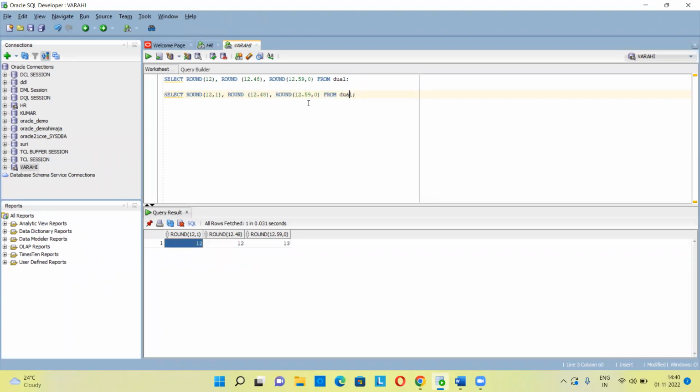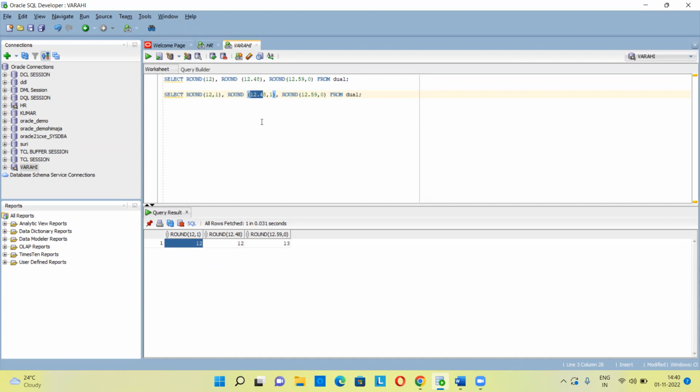Now, the second example for 12.48, I am passing the same 1 again. Okay. So what will be the output for this? I need 1 decimal in my output. So it means till 12.4 I need. Okay. So after 12.4, what is remaining here? 8.